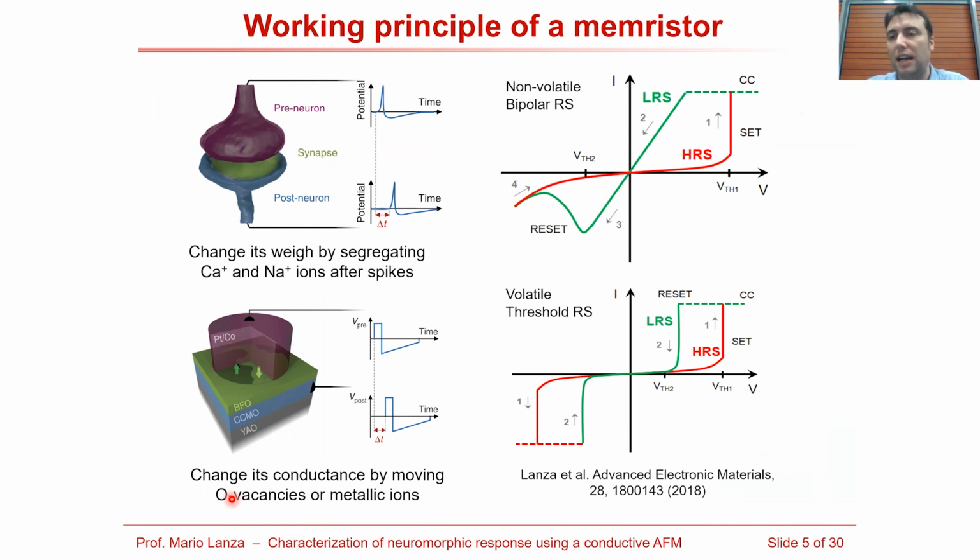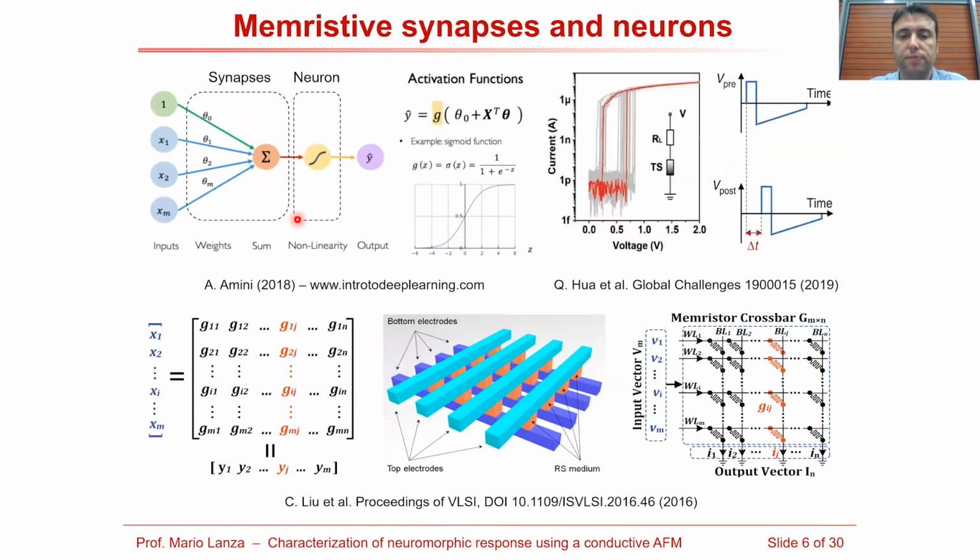Only one memristor can emulate the electrical behaviors required for one electronic synapse and also for one electronic neuron, because memristors can exhibit both threshold type resistive switching and non-volatile bipolar resistive switching, depending on the materials that we use to fabricate them. The memristor is basically a metal-insulator-metal junction, and when we apply an electrical stress, this is transmitted to the output after a certain time, which is similar to what happens in one biological synapse or one biological neuron.